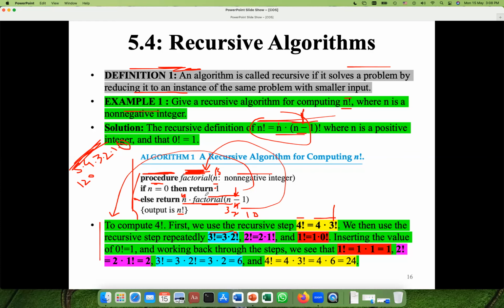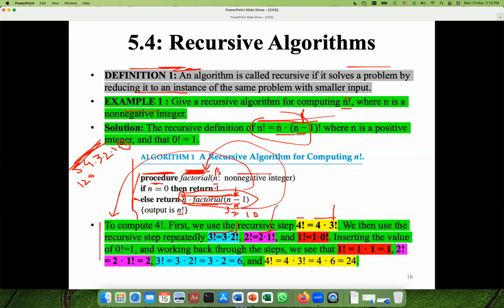With respect to this call only, it will call this with 2 factorial, and how will it call? It will become 2 dot and 2 minus 1, 1 factorial. It is just showing that statement only, okay? These different colors.